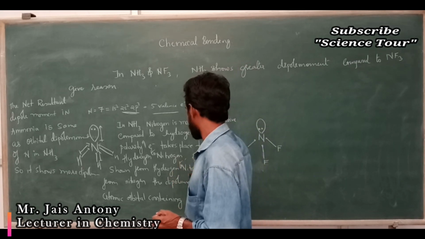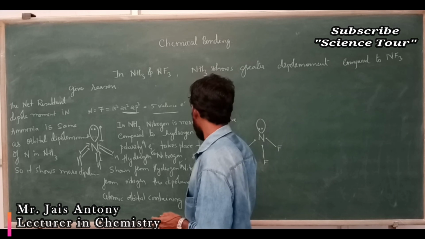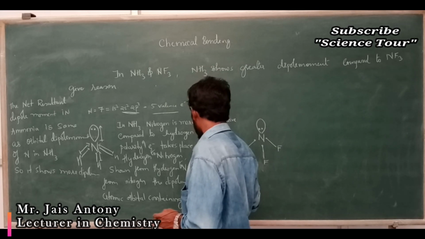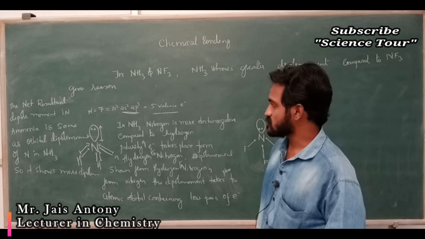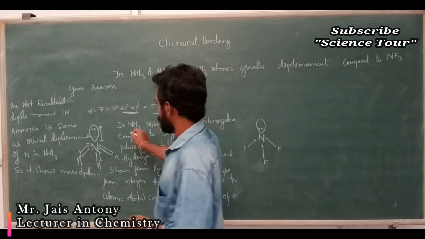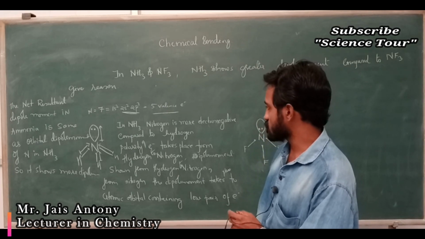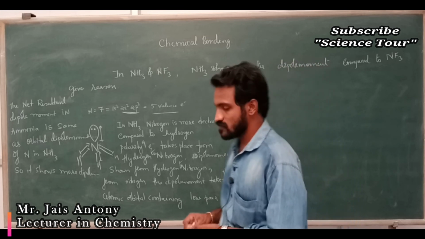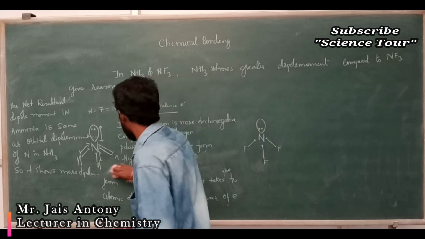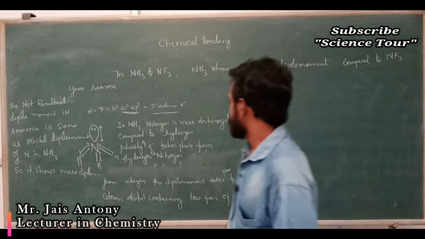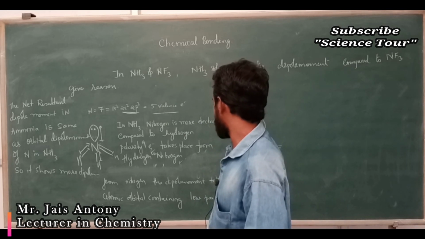Here also you should write hydrogen to nitrogen, comma, from nitrogen the dipole moment takes place to the atomic orbital containing lone pair of electrons. See, these two sentences are enough. The sentence about the dipole moment shown from hydrogen to nitrogen is not required.